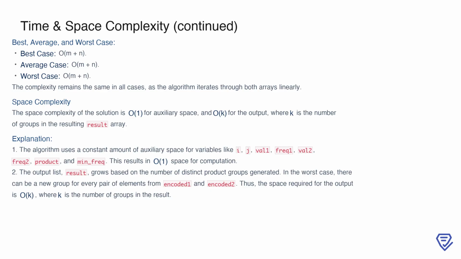Meanwhile, the space required for the output list, result, depends on the number of distinct product groups generated. In the worst case, a new group may be created for each pair of elements from encoded1 and encoded2. This means the space complexity for the result is O(k), where k represents the number of groups in the final output. Combining these, the overall space complexity is O(1) for auxiliary space and O(k) for the output.